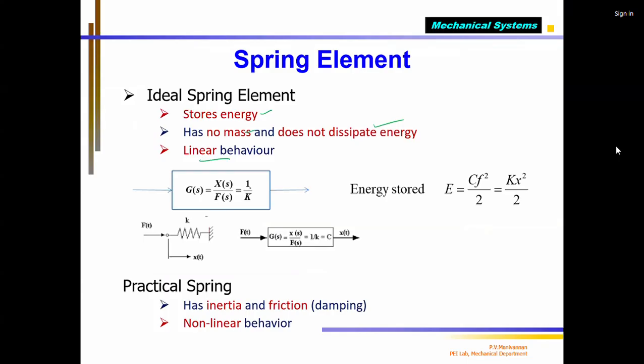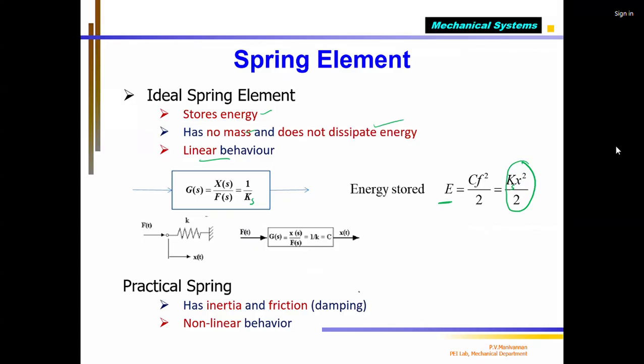So the transfer function is 1 divided by Ks, where Ks is called the stiffness. And how much energy can it store? E equals 1/2 K into X squared, where Ks is the stiffness and X is the displacement. Correct? When I apply a force, how much displacement happens? That squared divided by 2 is called the energy storage.